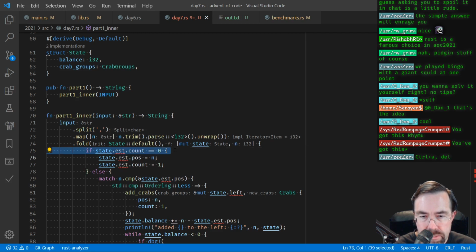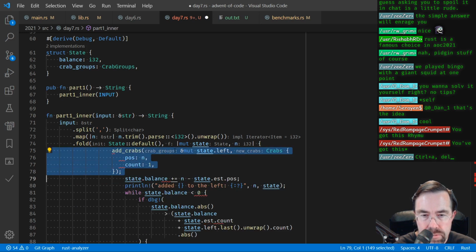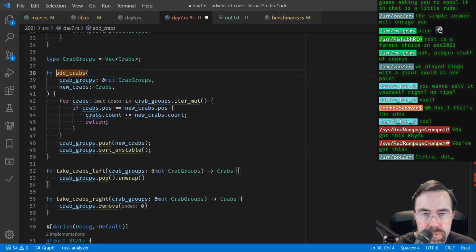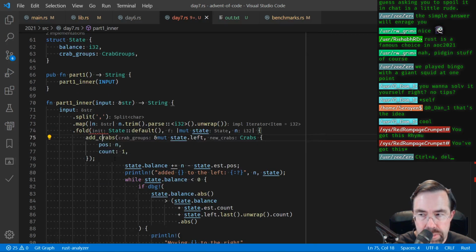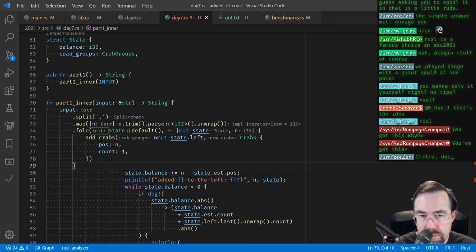So it would be add crabs. Add crabs does what I want, right? It finds if there's already a group of crabs at that position and adds one to it. Otherwise, it adds a new group of crabs and sorts it. Because ultimately we want to sort them all. And then we'll just go from left to right, I guess. So, end that fold.